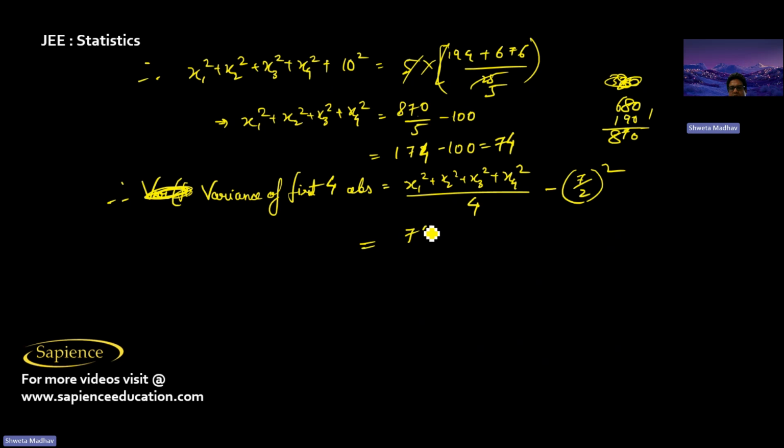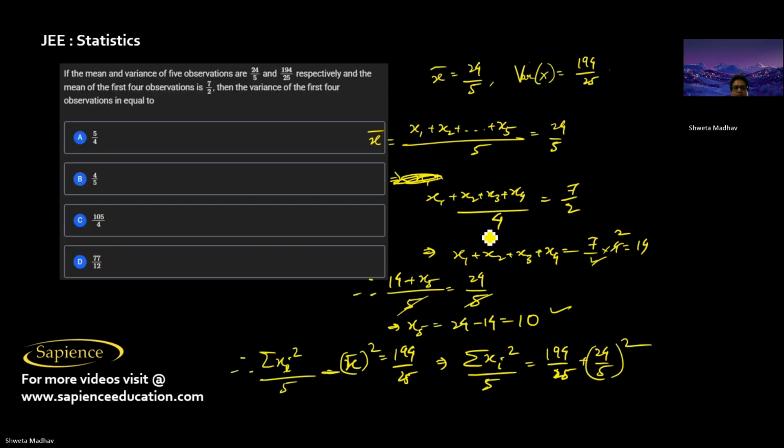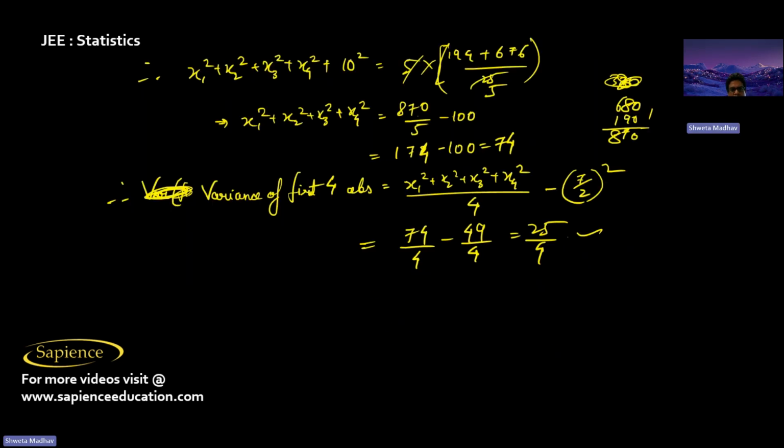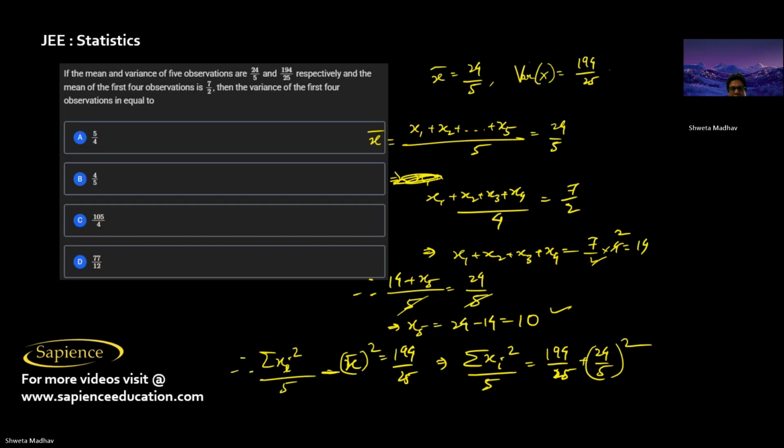So this will be equal to 74/4 minus 49/4, that is 75 minus 50, so 25/4.